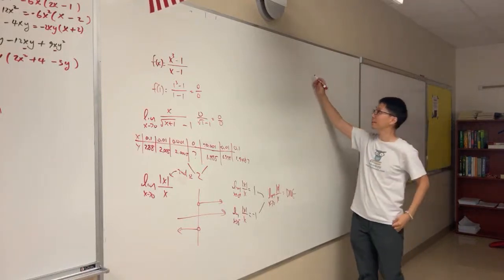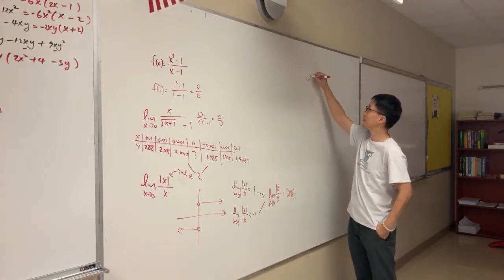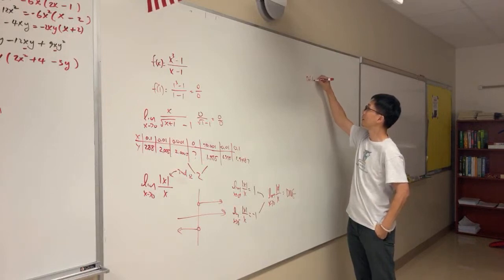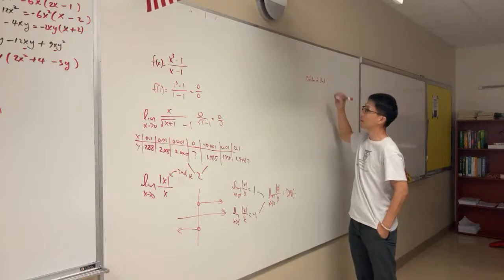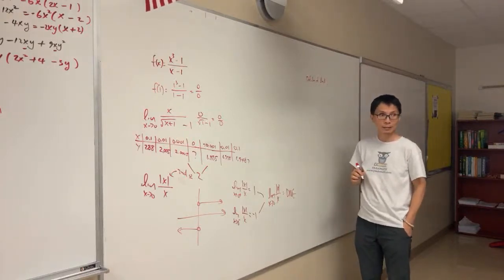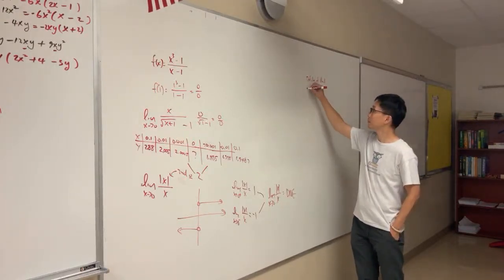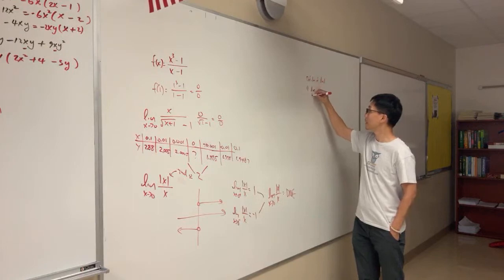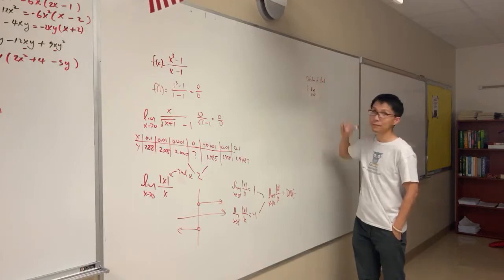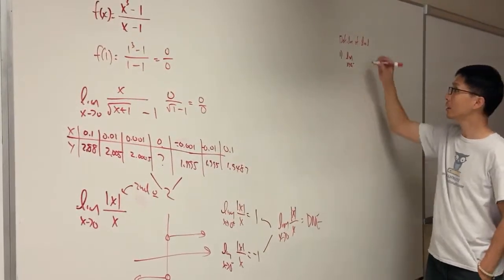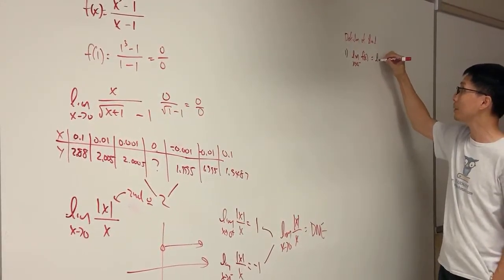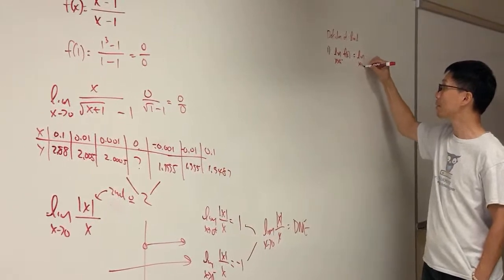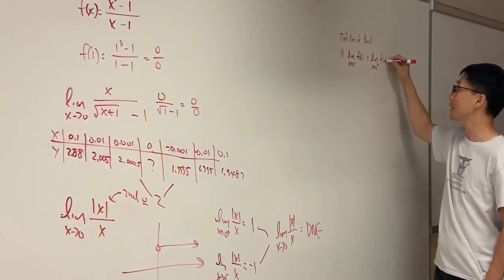So let's talk about the definition of limits. The definition of limits says the limit as x approaches a from the left side of f of x has to equal the limit as x approaches a from the positive side of f of x.